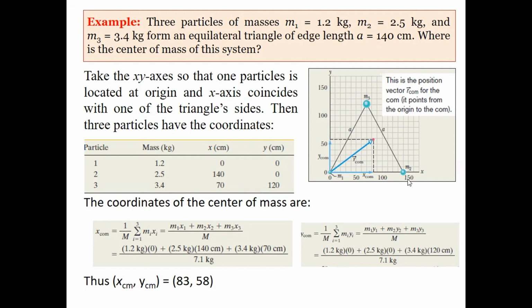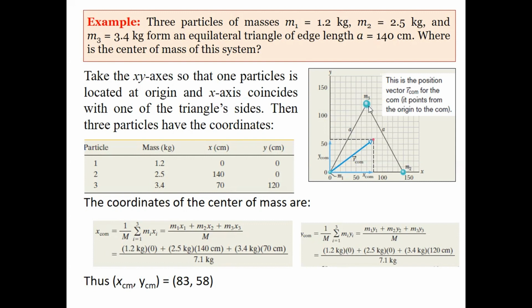Similarly, for m2, the mass is 2.5 kg, and it is at x equal to 140. The position is 140 because of the length of this triangle, and 140 is the x coordinate, but it has no y coordinate, so it is equal to 0.